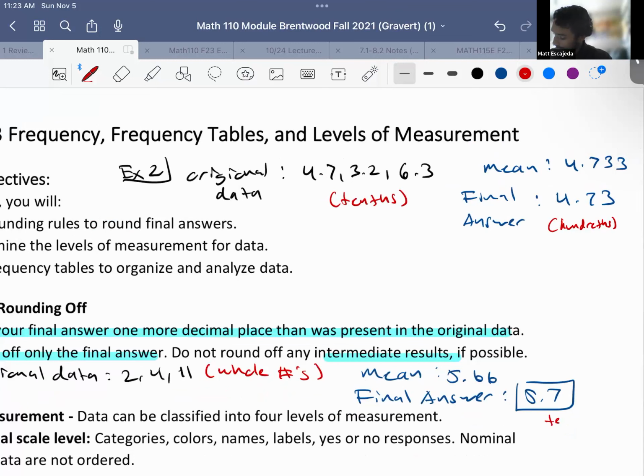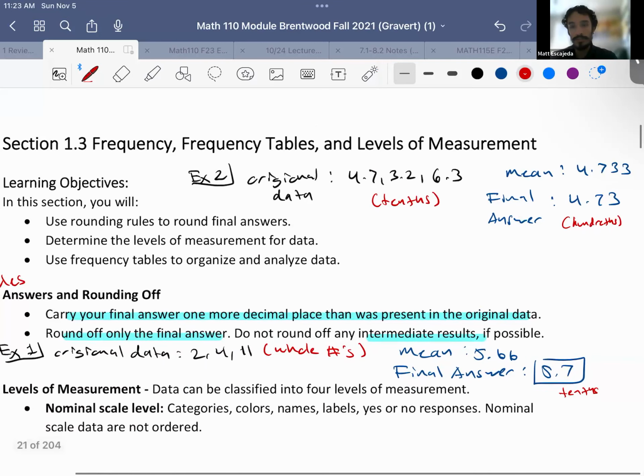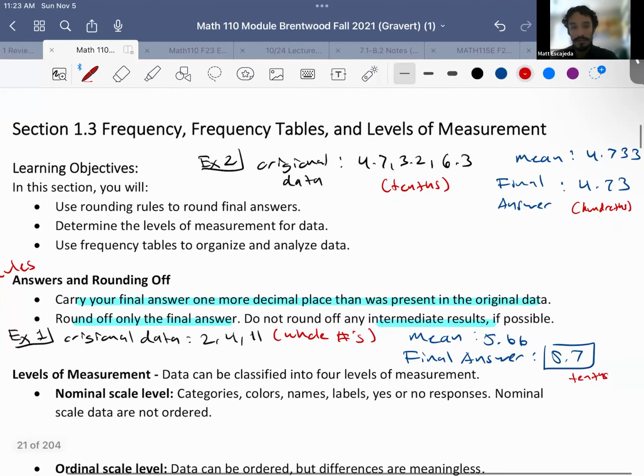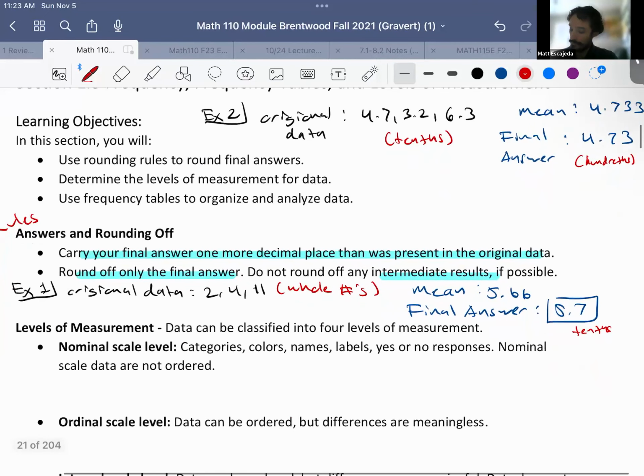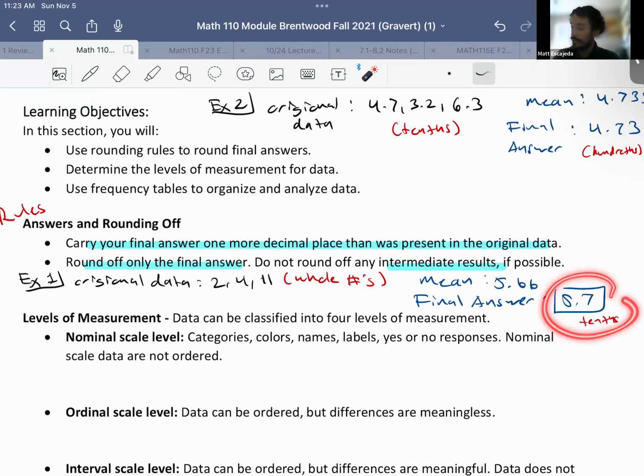Maybe say the tenths down here for our first example. But that's our rounding rules. You always round one more place than the original data, and we'll see that a lot throughout this course. One more thing is that you don't want to round until the last step. You see how in these examples we didn't round until we got our final answer, and this should be the case whenever you start rounding.